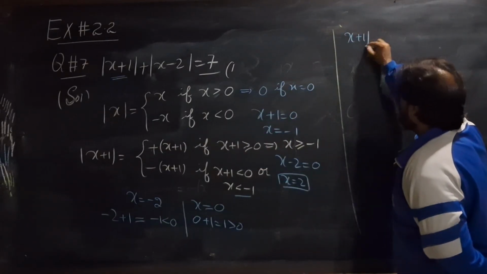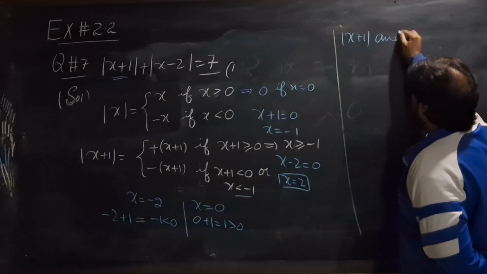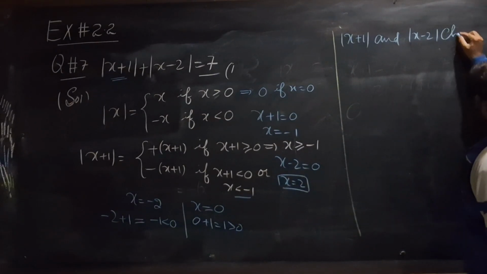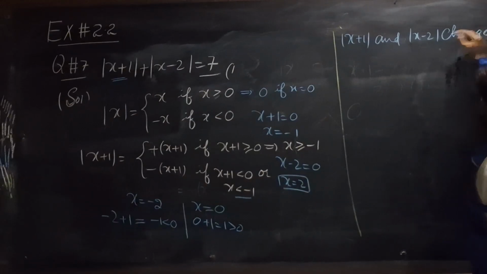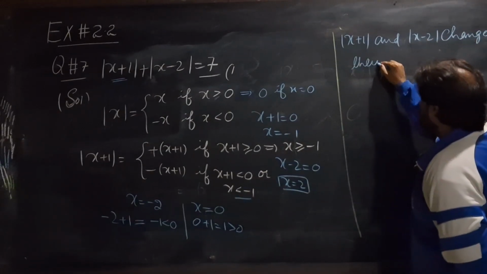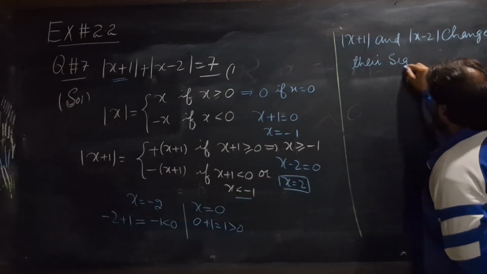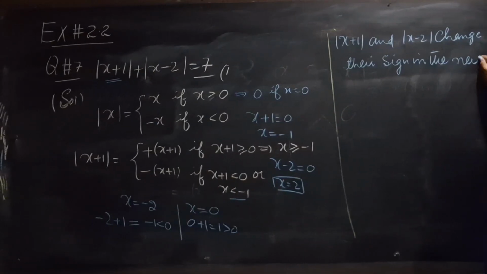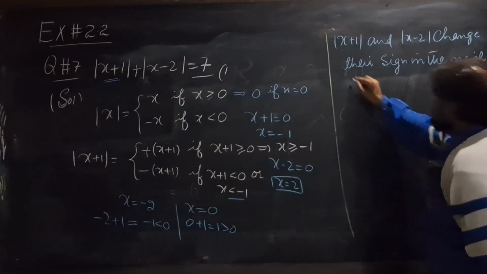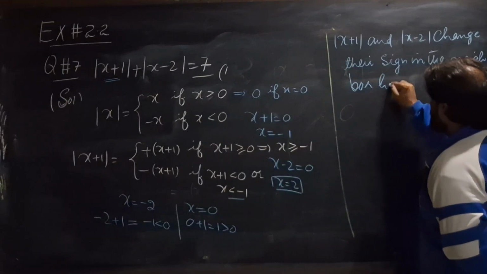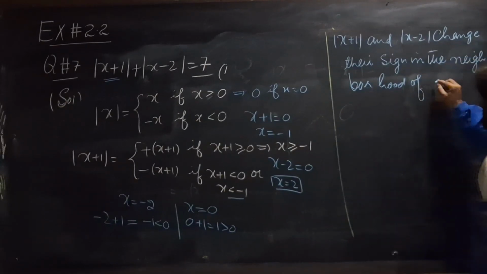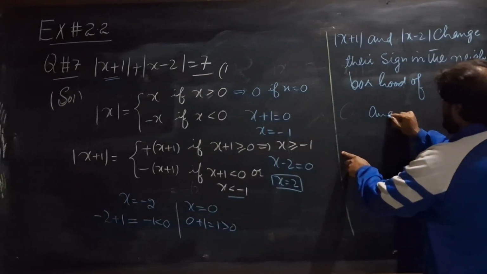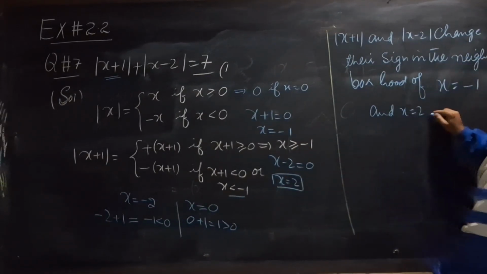absolute x plus 1 and absolute x minus 2 change their sign in the neighborhood of x is equal to minus 1 and x is equal to 2 respectively.